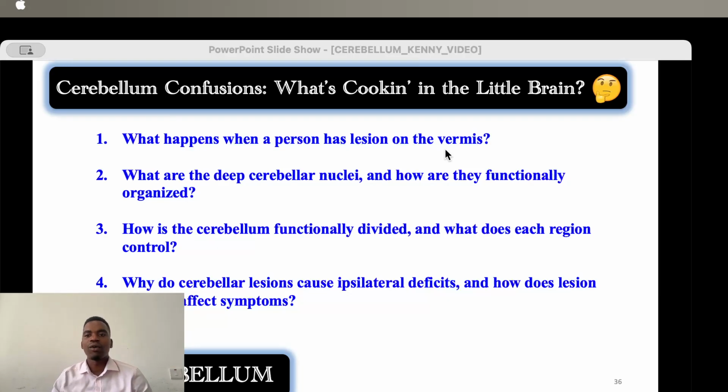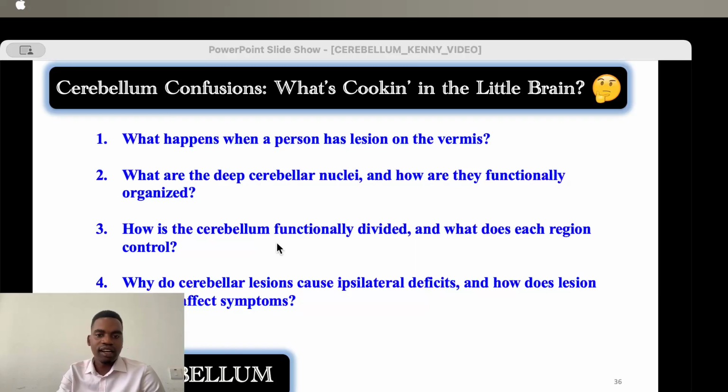It's no wonder that all of you can now explain this with no problem, given your expertise in the deep cerebellar nuclei, their functional division, and their relationship with the vestibular nuclei, which are not in the cerebellum but work with the deep cerebellar nuclei.